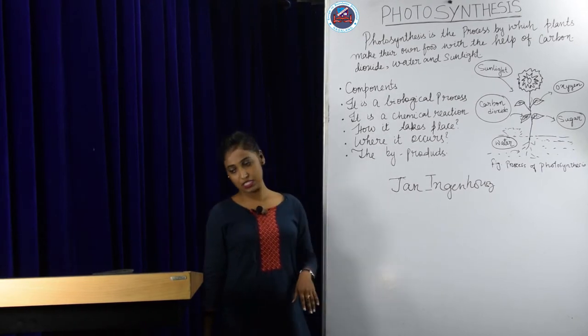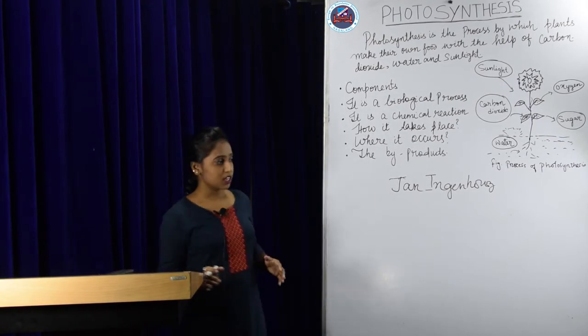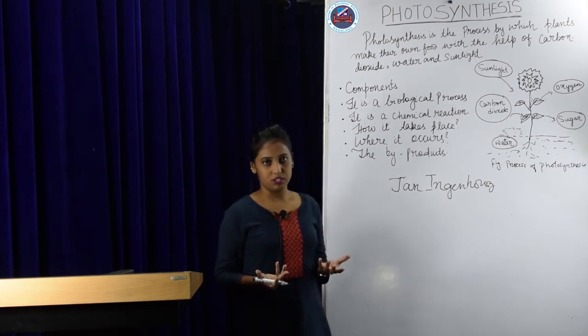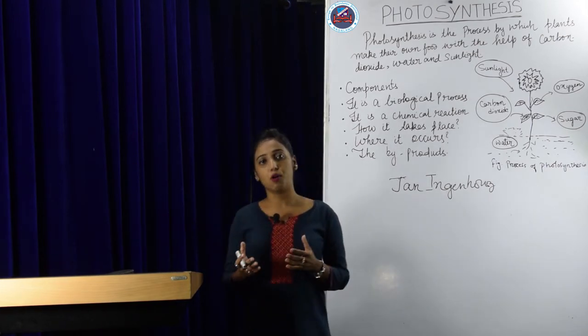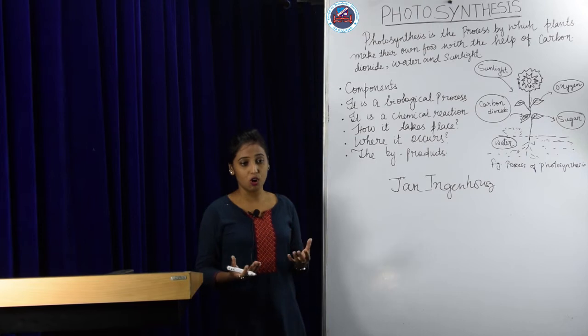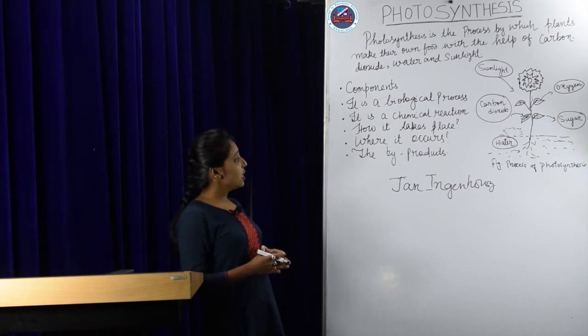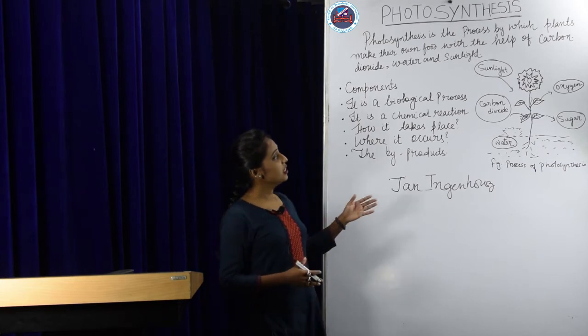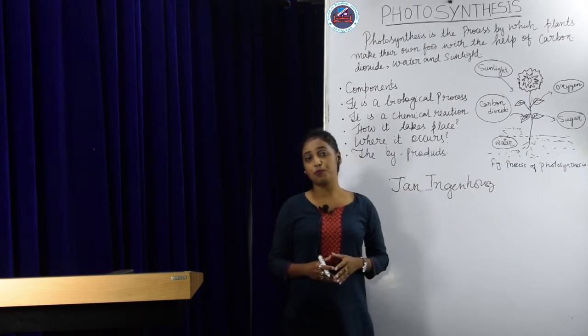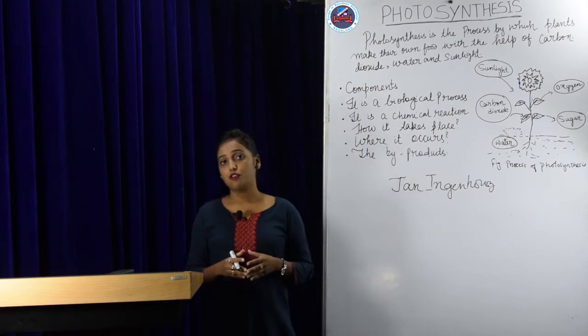Now you might ask me why photosynthesis is important. Photosynthesis is very important and it is a natural phenomenon which occurs in our everyday life, right? As I have said, it gives out oxygen, which is basic for the survival of human life.